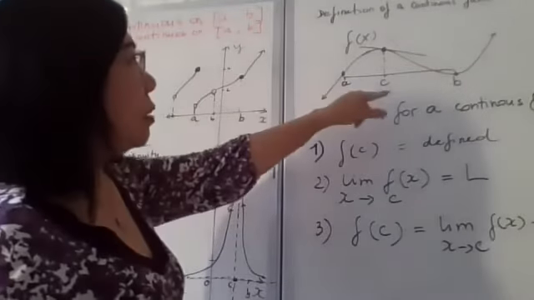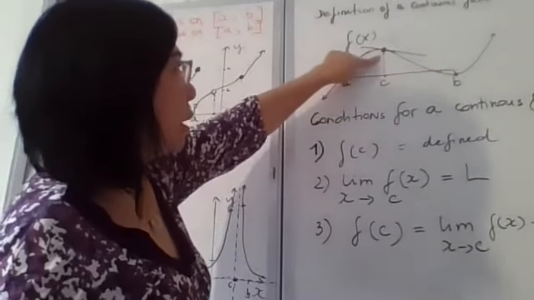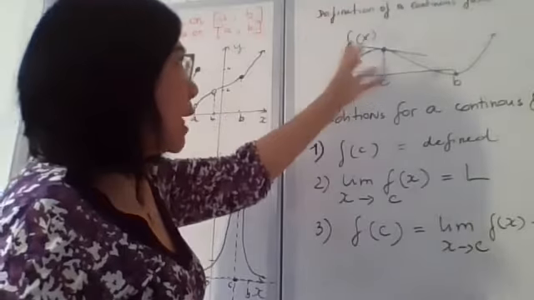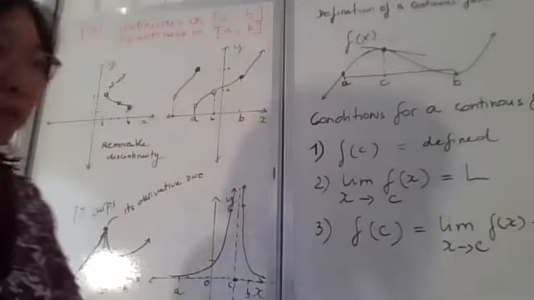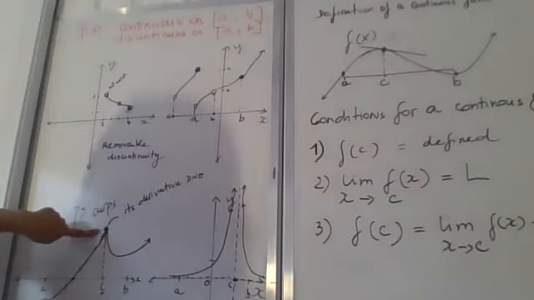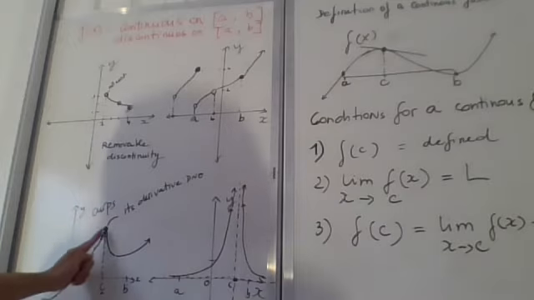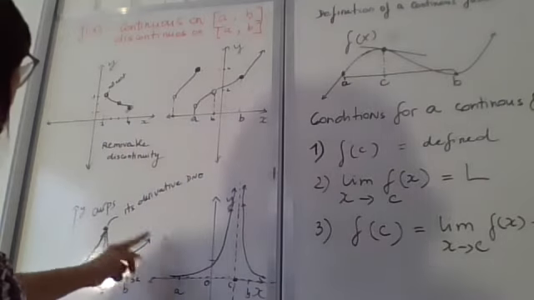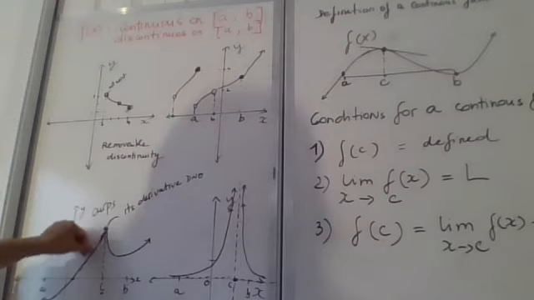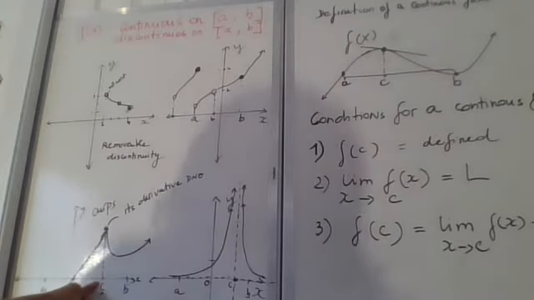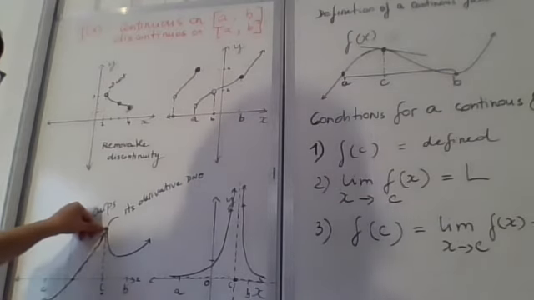So if it's a differentiable function at that point, then it is guaranteed to be continuous at that point as well. However, the function can be continuous but might not be differentiable at certain values of c, like when we have a curve like this.